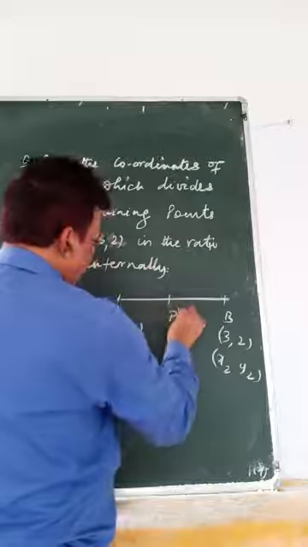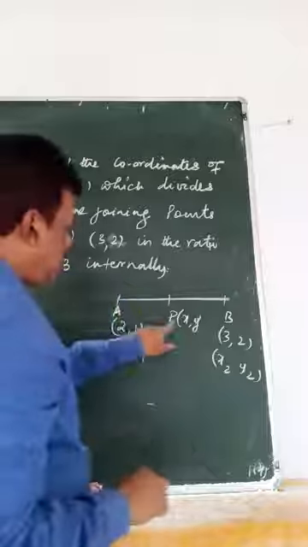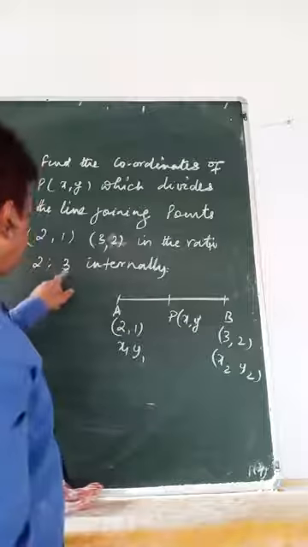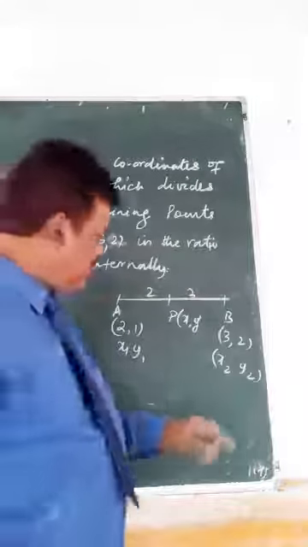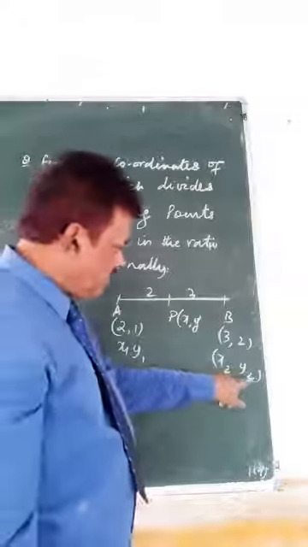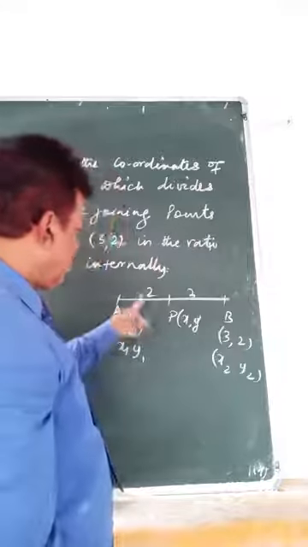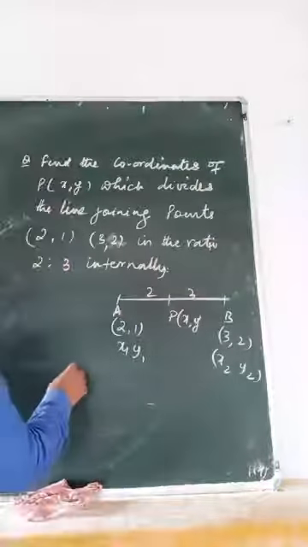P is a point inside. It divides in the ratio 2:3. Means this is 2, this is 3. Means your x1, y1 is 2, 1. x2, y2 is 3, 2. m, n is 2, 3. So what is the formula?